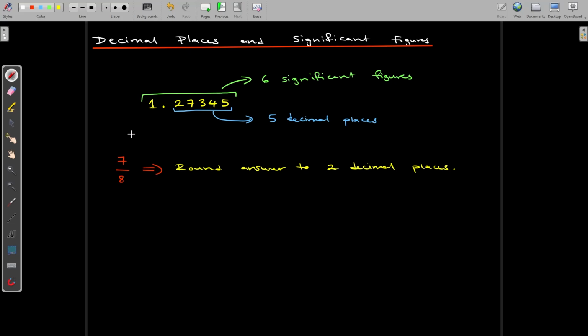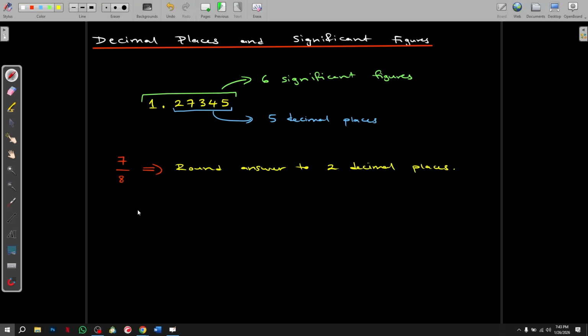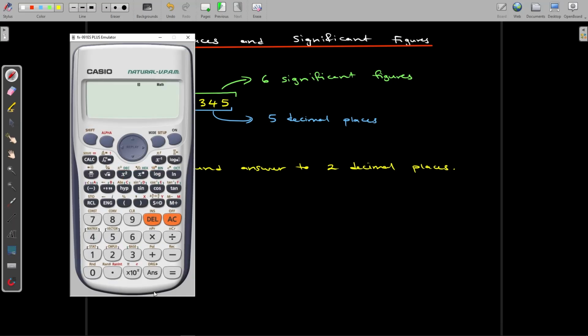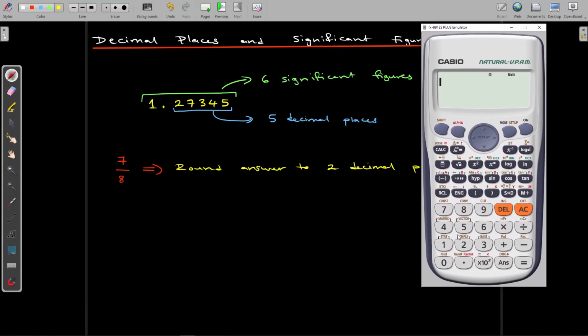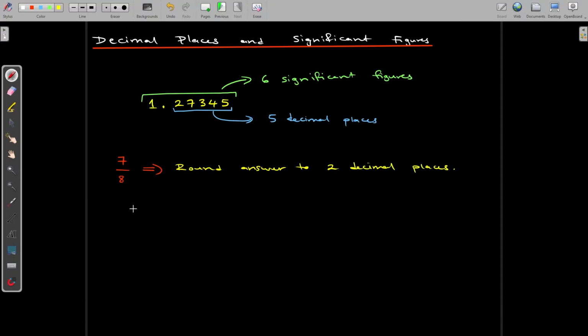Firstly, what is 7/8 as a decimal? 0.875. So 7/8 as a decimal is the same thing as 0.875.